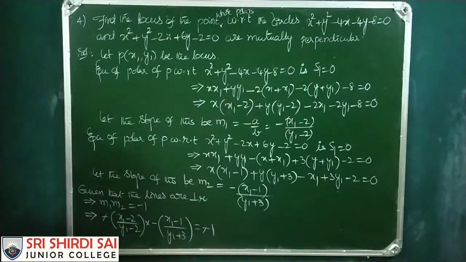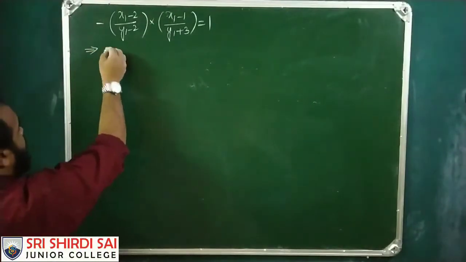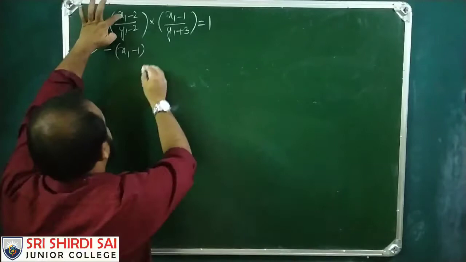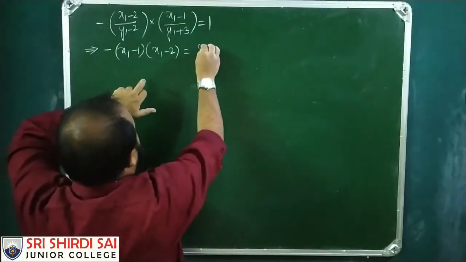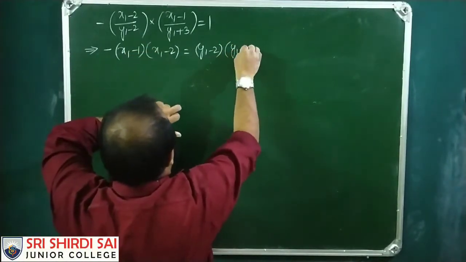Minus gets cancelled. That is, (x1 minus 1)(x1 minus 2) equals (y1 minus 2)(y1 plus 3), by cross multiplication.